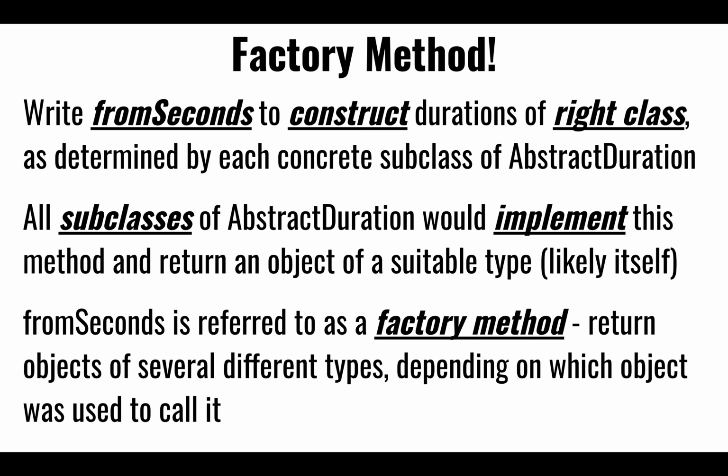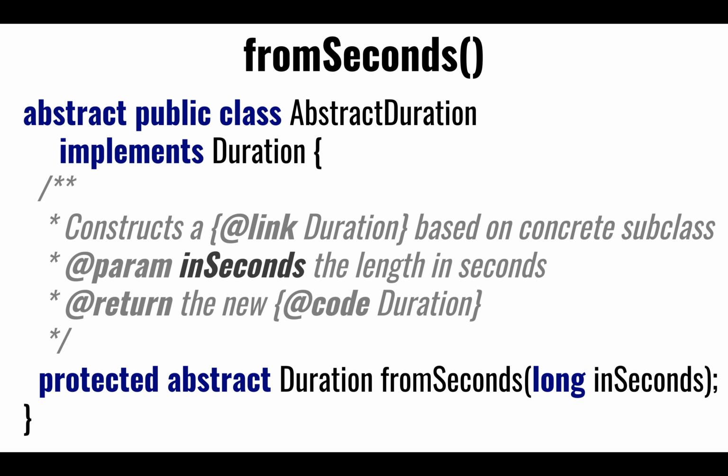So we're going to declare fromSeconds as our factory method. It's not going to be implemented in the abstract class. We're going to declare it as an abstract method, and instead let the children create that implementation.